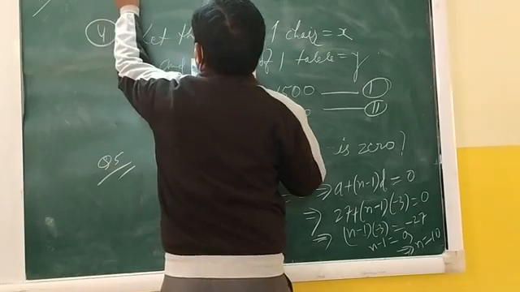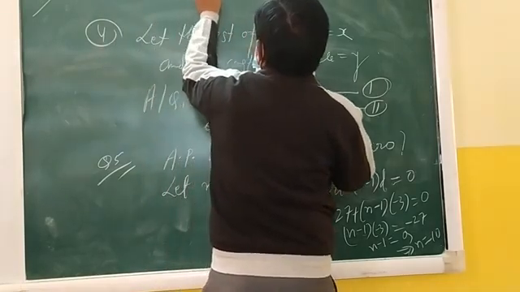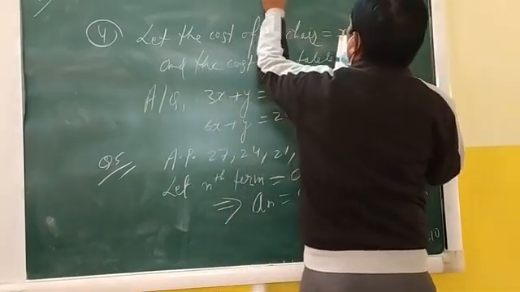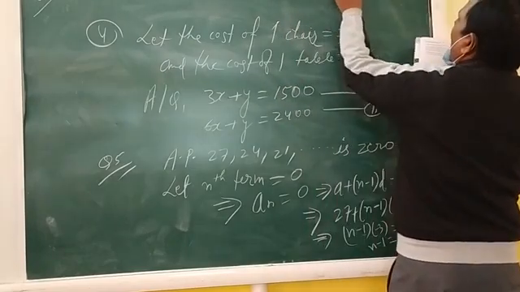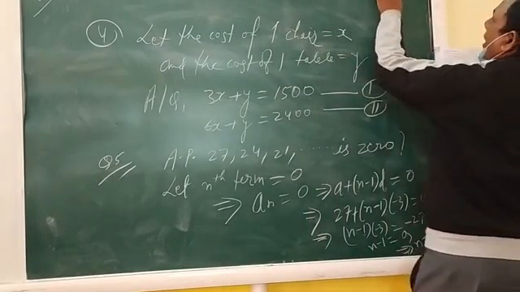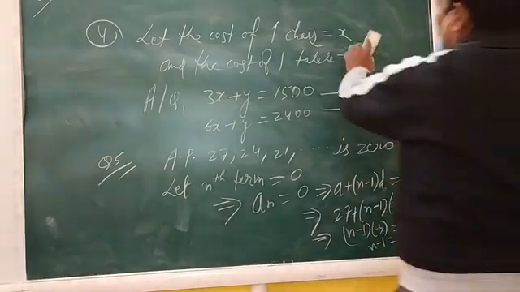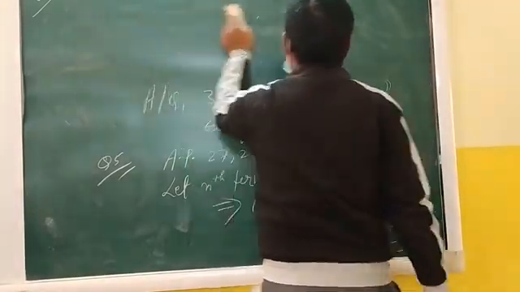If d equal to minus 4, n equal to 7, an equal to 4, find a. Do it yourself, then I will check whether you are able to solve or not.